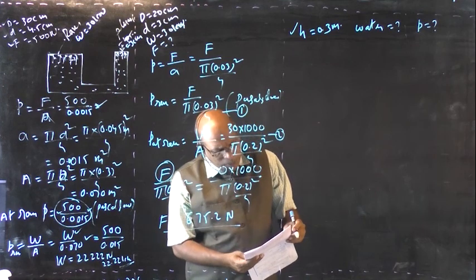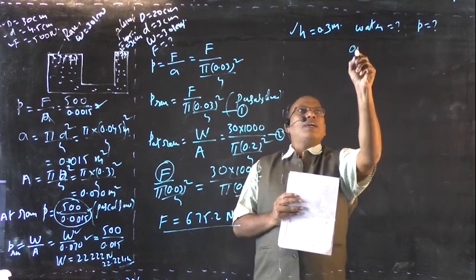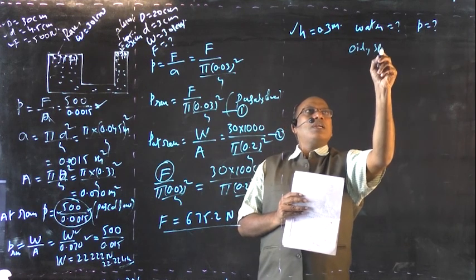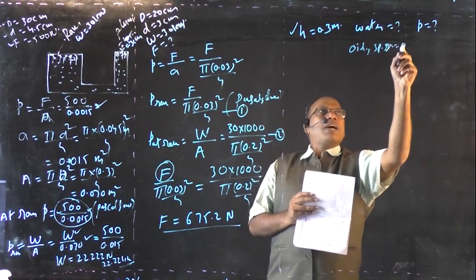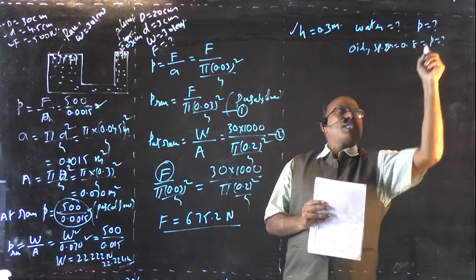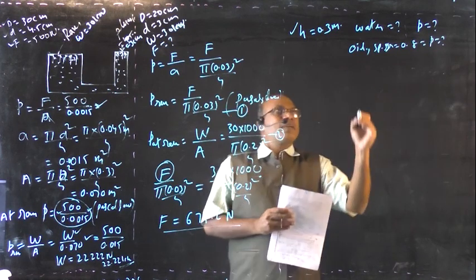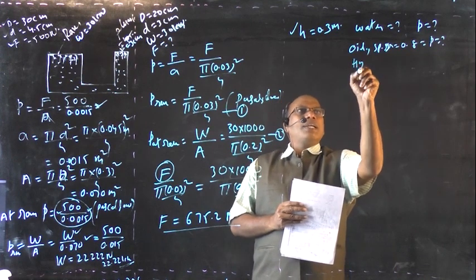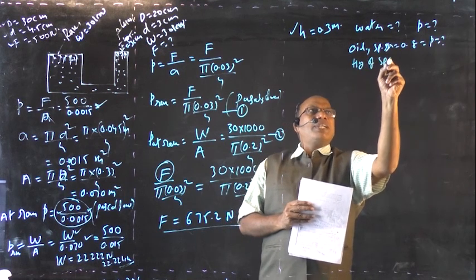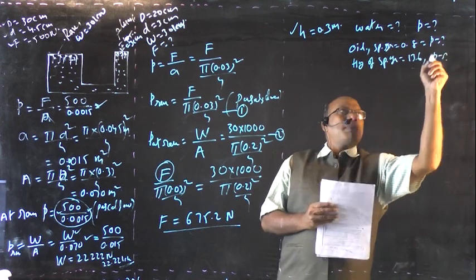And then what is the pressure for oil of specific gravity 0.8? And the third one, mercury of specific gravity 13.6. What is the pressure?